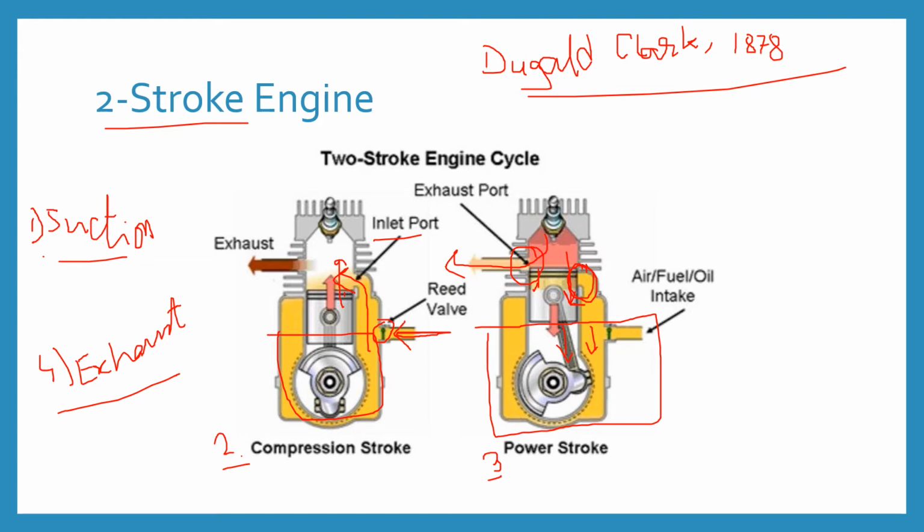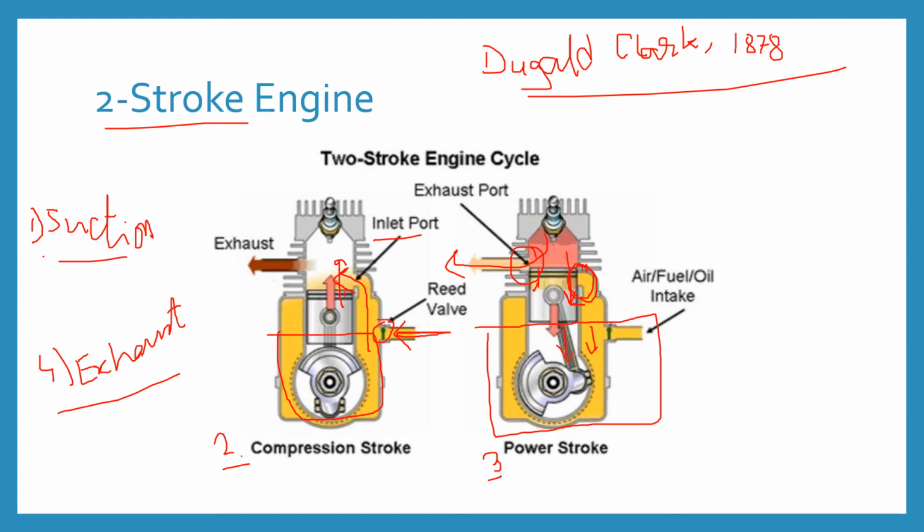So basically this is the suction plus the compression stroke. After the compression stroke is complete, a huge pressure occurs in the combustion chamber, which pushes the piston downward, and the piston moves from TDC to BDC.